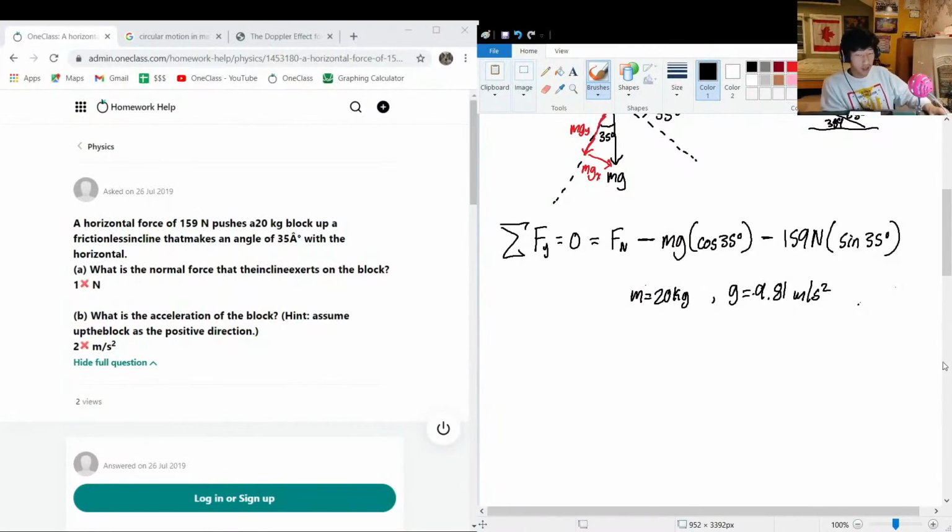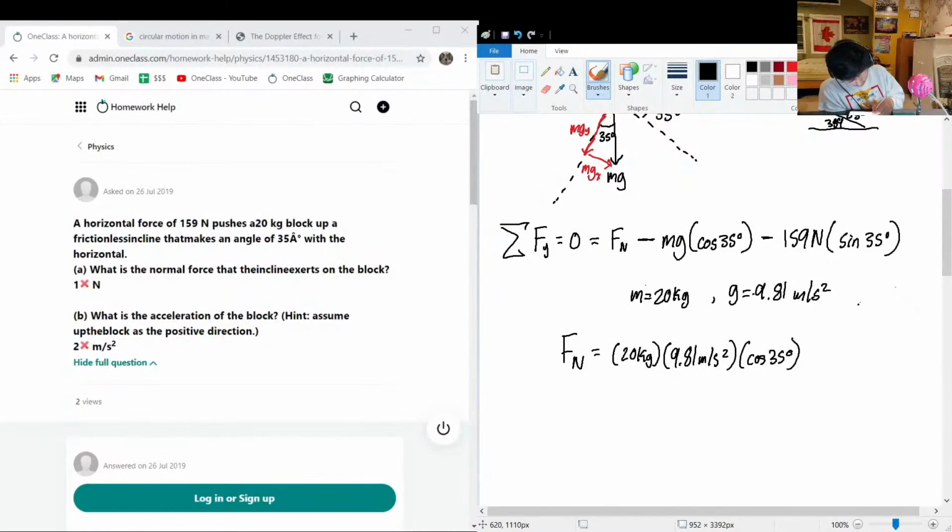Let's sub these in. But first, let's isolate Fn, because that's going to be our target variable. So Fn, and then we're going to bring these two terms to the other side. And let's sub in m and g. So m is equal to 20 kilograms, multiplied by 9.81 meters per second squared, multiplied by cos 35 degrees.